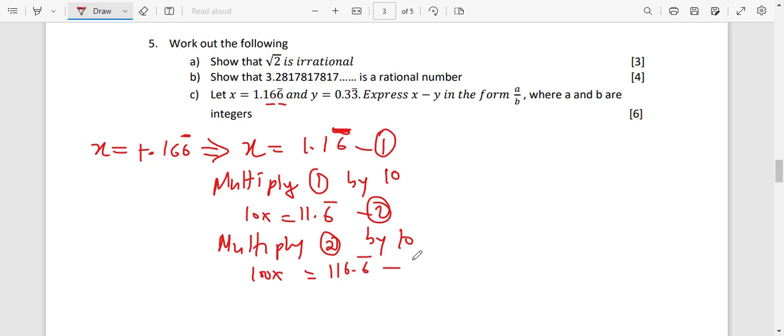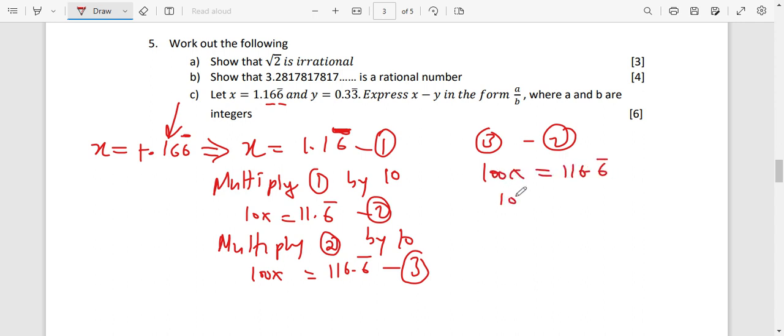You see, I've used very small values, but if I didn't express this in this other form, I would have been multiplying by 100, by 100. That is bad. And then subtract 3 minus 2. That is going to be 100x, which is 116.6, and then 10x, which is 11.6. 100 minus 10, 90x. 116 minus 11.